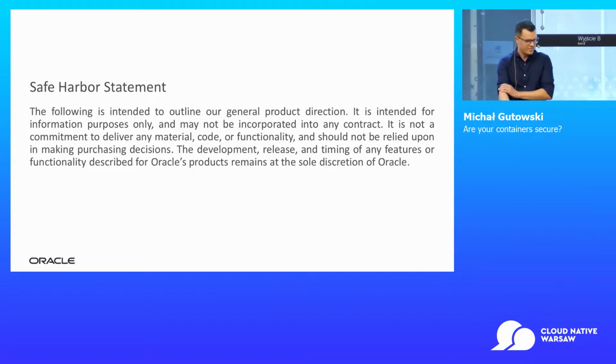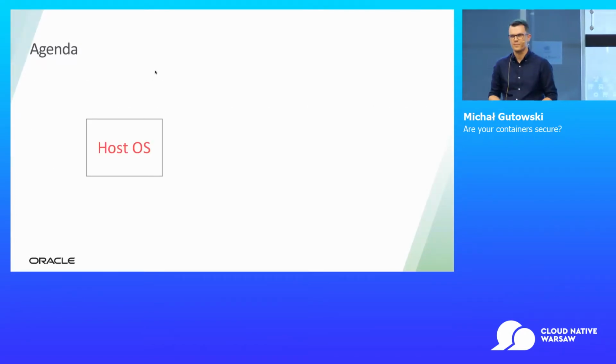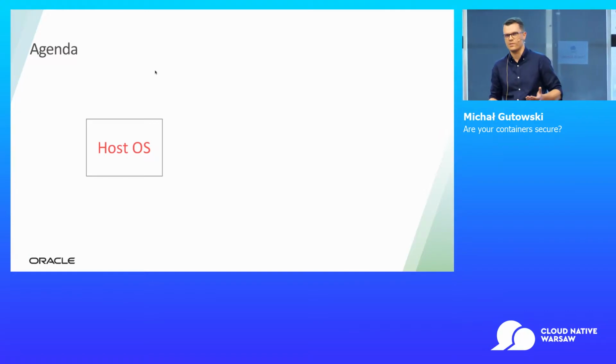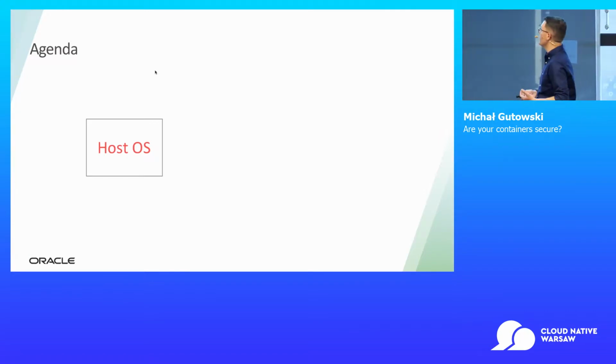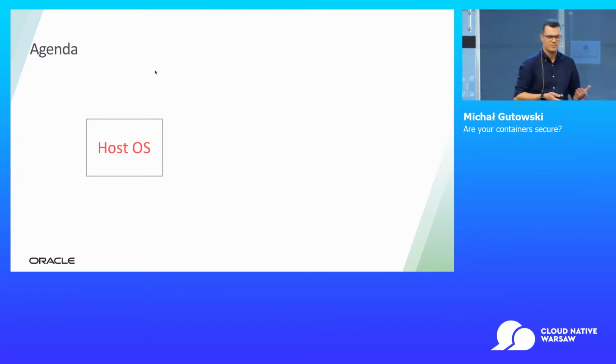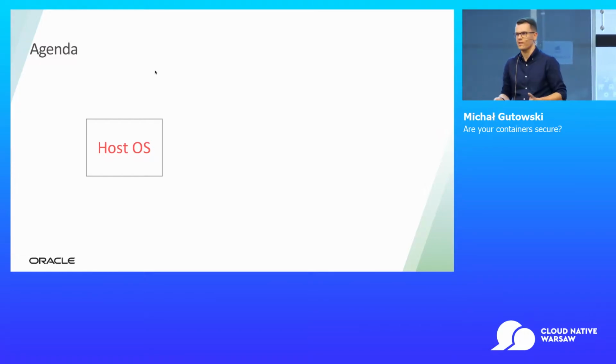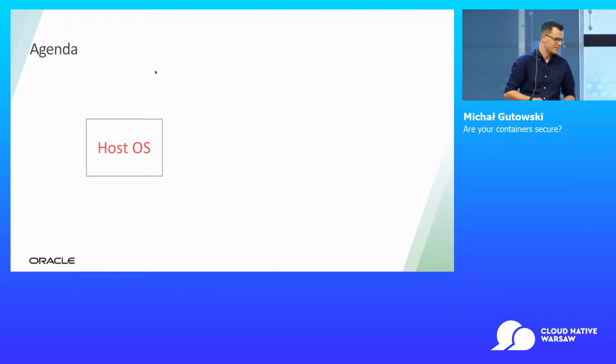So this session is about 3 things. The agenda is I would like to focus on 3 things. One is the host operating system. Obviously, I'm the Linux guy, so the security of host operating systems is important for me. And we tend to forget about this because we are doing everything in the cloud now, right? So who cares about the operating system?